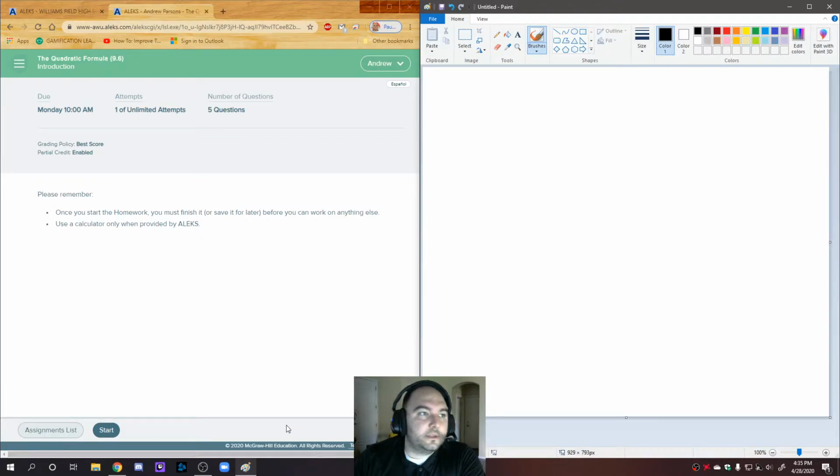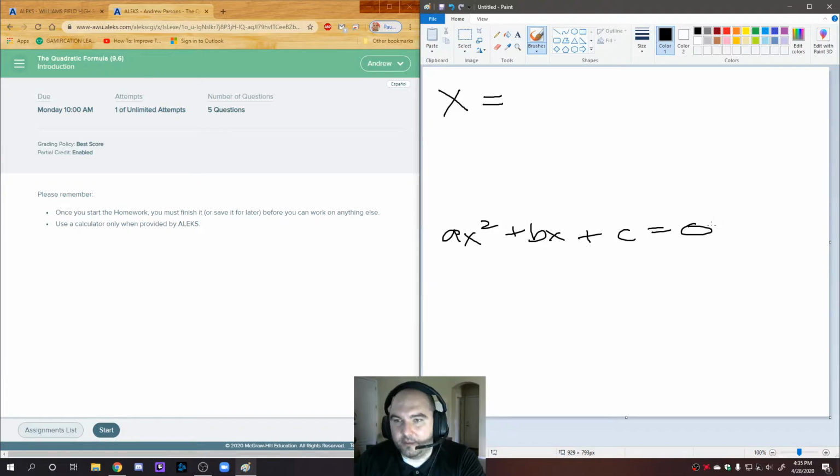Well, some smart, intrepid person back in ye olden days figured this out. You can always get the answer. The answer is whatever x equals, right? What does x equal? Well, they took a generic formula, ax squared plus bx plus c equals 0, and they said, I'm going to solve this for x by completing the square.